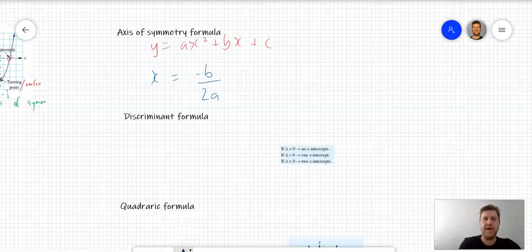So substitute the values from b and a into this equation. Whatever that value is will be your axis of symmetry.